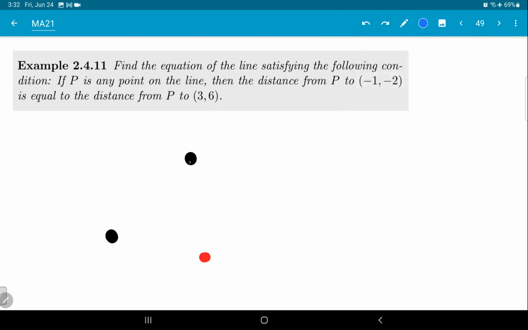When you compute its distance from this point and from this point, they are equal. And the point is not unique. There are other points that satisfy the given condition.